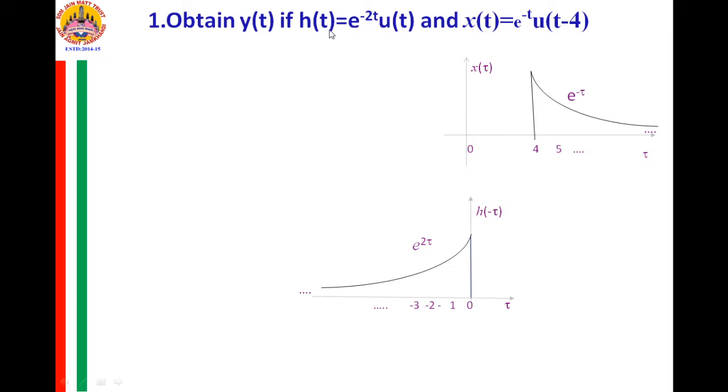E raised to minus 2t is the amplitude of h of t. So h of tau is e raised to minus 2 tau, and h of minus tau will be e raised to minus 2 into minus tau. So minus 2 and minus tau becomes e raised to 2 tau. So here this amplitude I have represented as e raised to 2 tau.